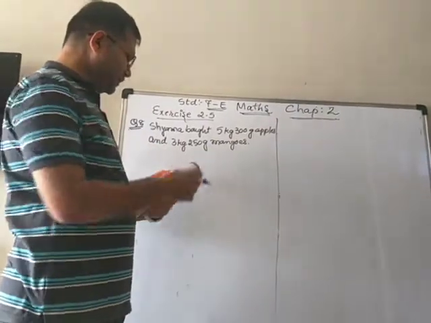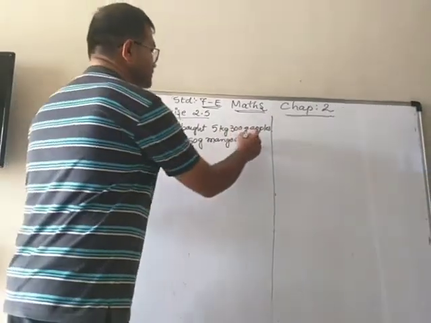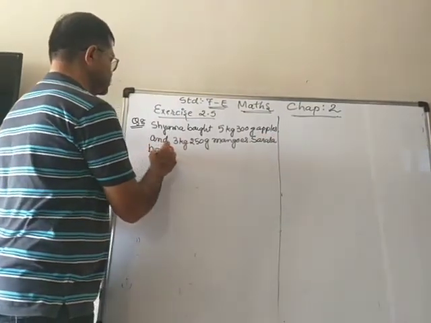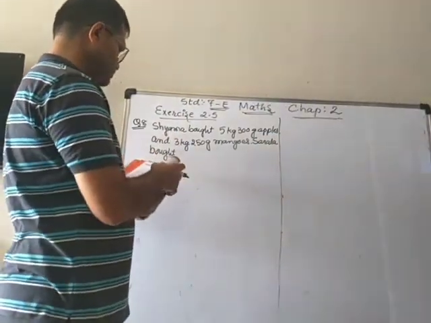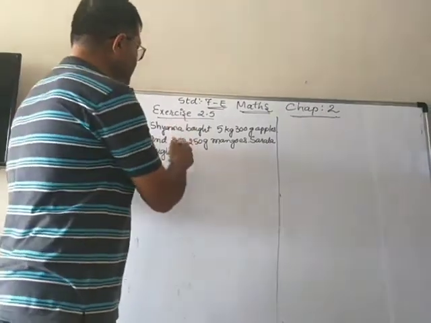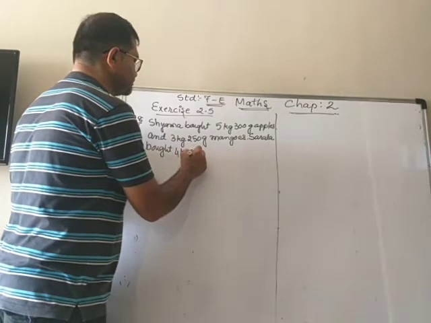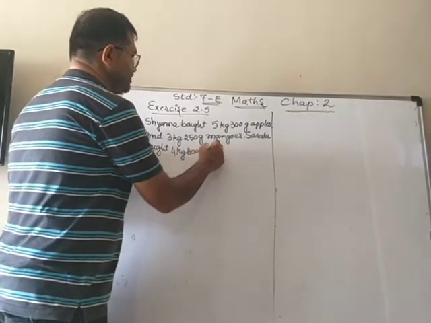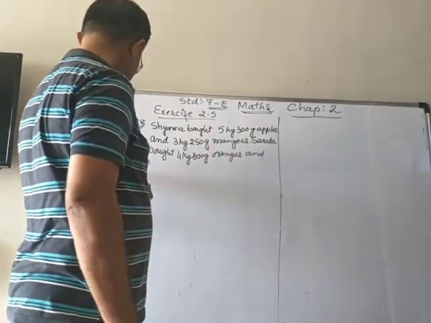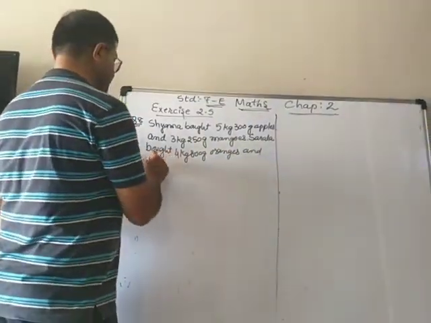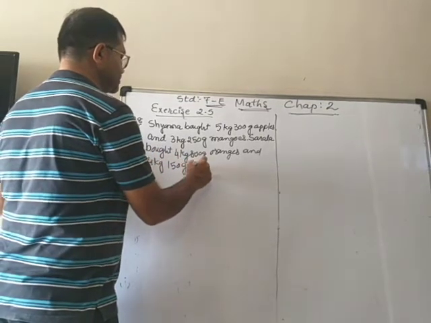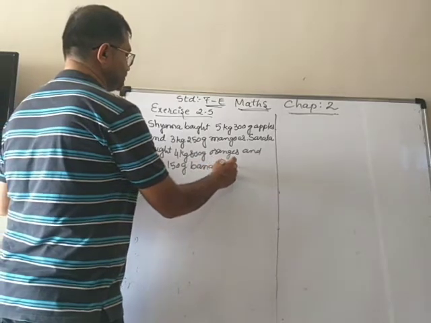Then another lady, Sarala, bought 4 kilogram 800 gram oranges and 4 kilogram 150 gram bananas.